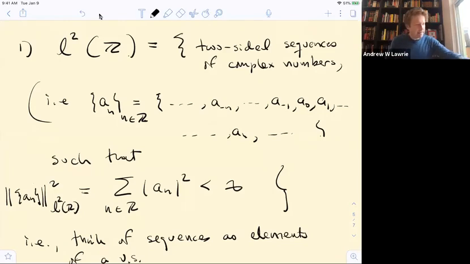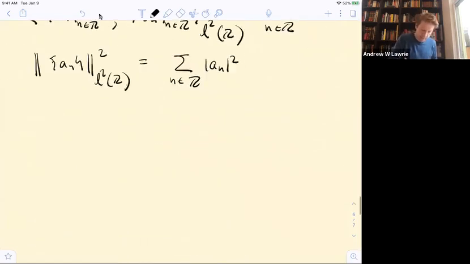And the second example, which will be relevant to today's discussion, is the Riemann integrable functions. I'm not going to use the big L2 yet.